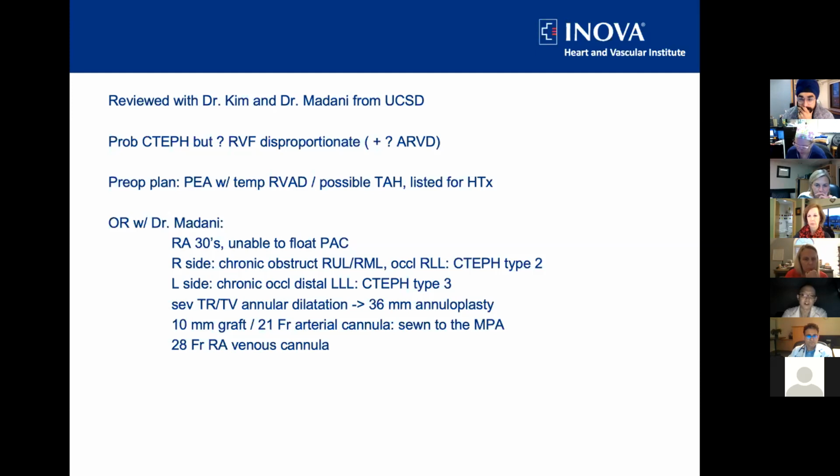And so we kind of hedged our bets. We did both the thromboendarterectomy as well as set him up for a temporary RVAD to at least get him through the stress of that, and then potentially urgently transplant him as well. So he was essentially set, graft was sewn on for a temporary RVAD.